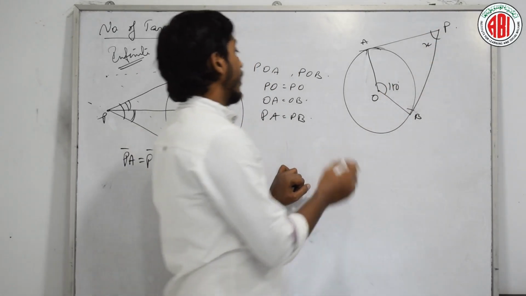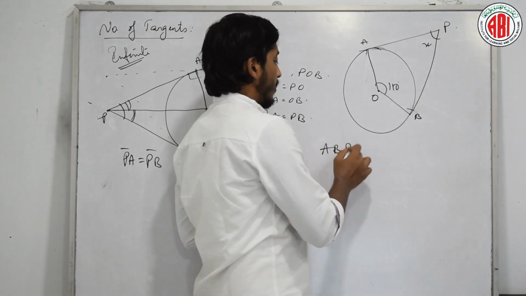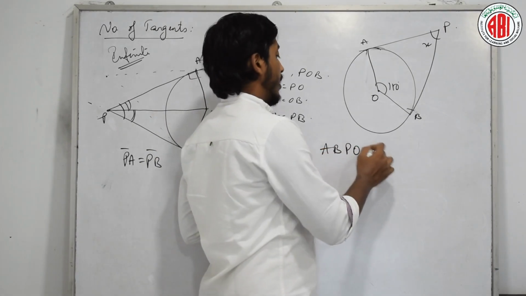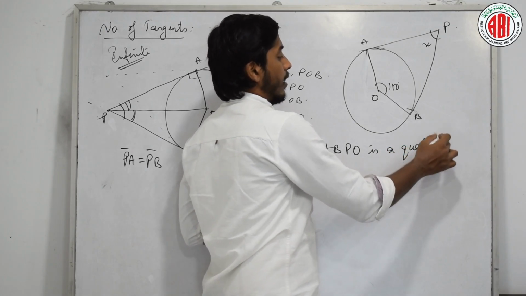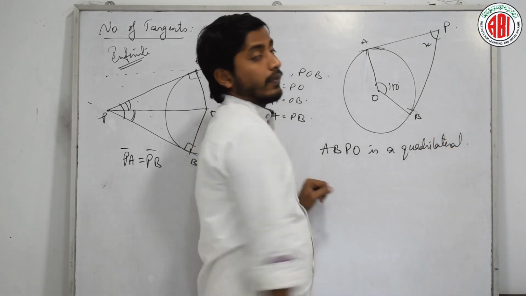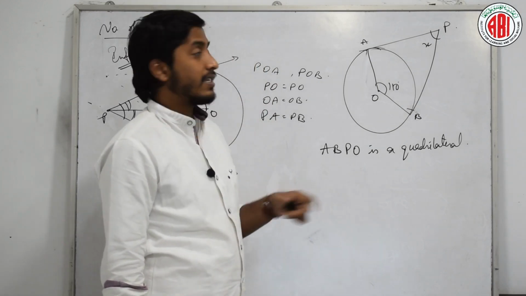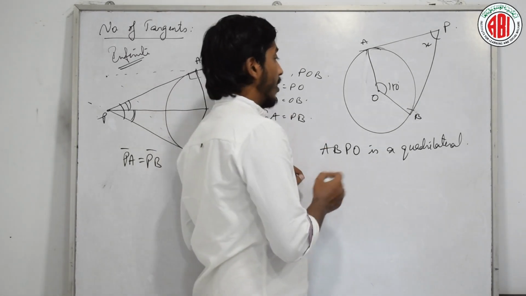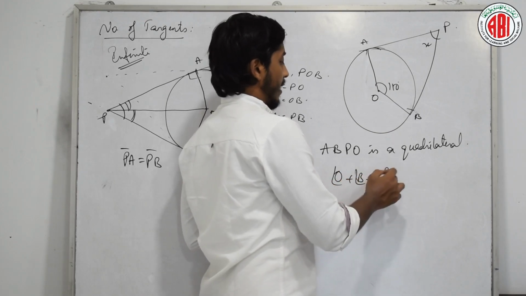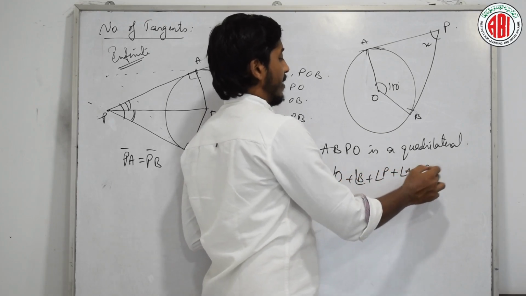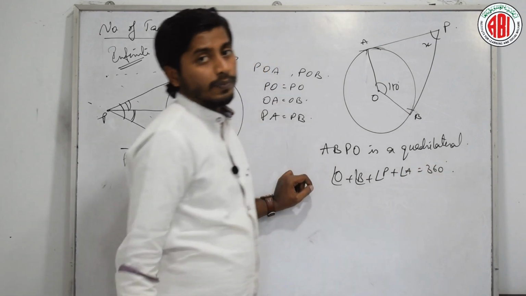How to do? ABPO is a quadrilateral. If it is a quadrilateral, what is the condition? Sum of all angles is equal to 360, that is angle O plus angle B plus angle P plus angle A is always 360. Is it okay?